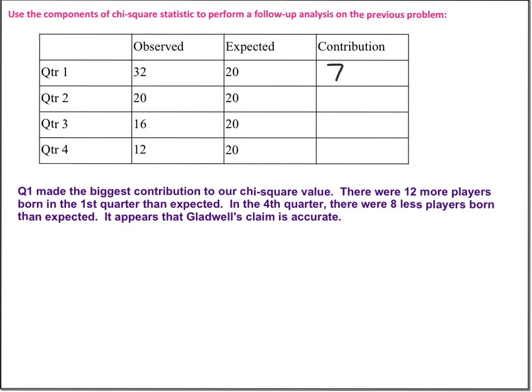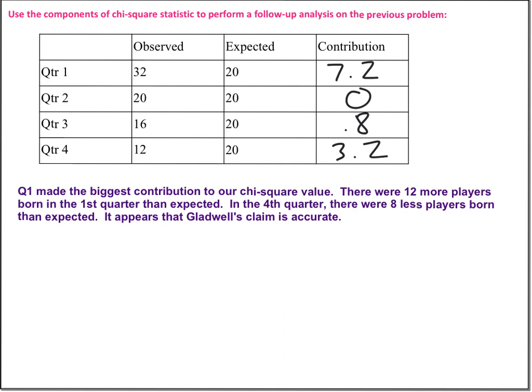So when you break down the numbers, 7.2 of the 11.2 came from the first quarter. That was the biggest impact. Quarter number 2 didn't do anything. They didn't contribute a thing. Quarter number 3, sort of, not really. And then quarter number 4. So really the vast majority of that chi-squared value was that the observed count for first quarter was higher. The observed count for fourth quarter was a lot lower.